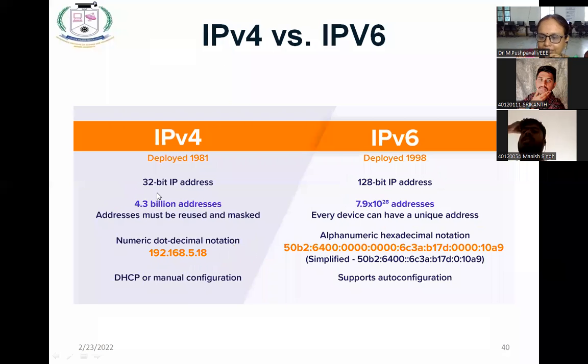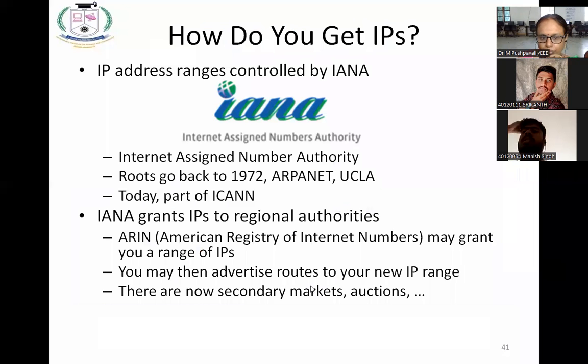So first you understand that it's a 32-bit and this is a 128-bit address. Now we all know how we are getting this IP address. This is IANA. We all know the internet service provider will give the address, but that will be controlled by IANA, that is the Internet Assigned Number Authority.